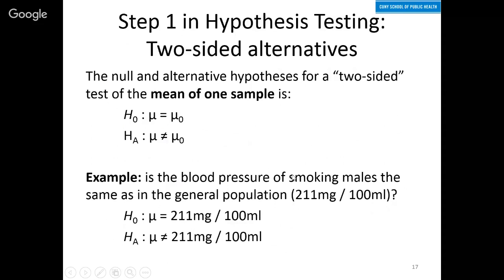So for example, if the blood pressure in the general population is 211 milligrams per 100 ml, and we are looking at just a population of smoking males, then our null hypothesis would be that the mean blood pressure in this study population is equal to that in the entire population. An alternative would be that they are not equal. Make sense?